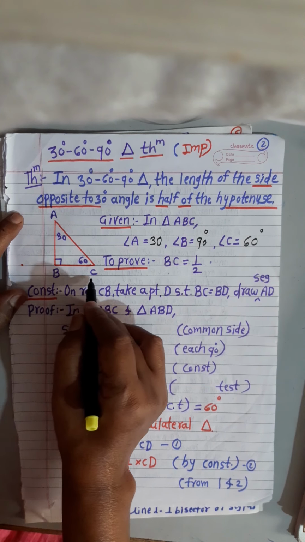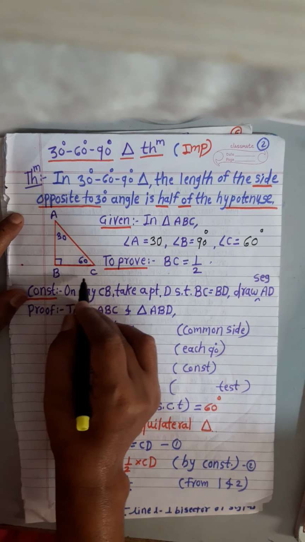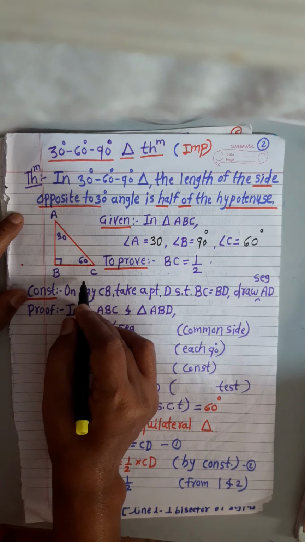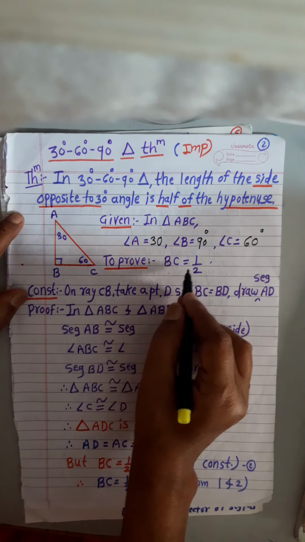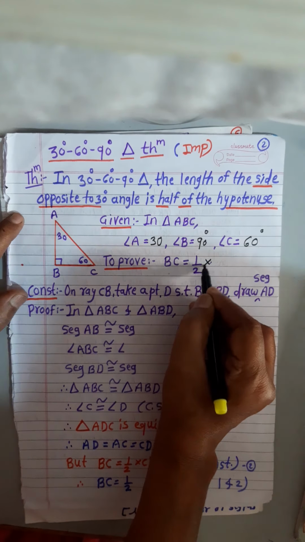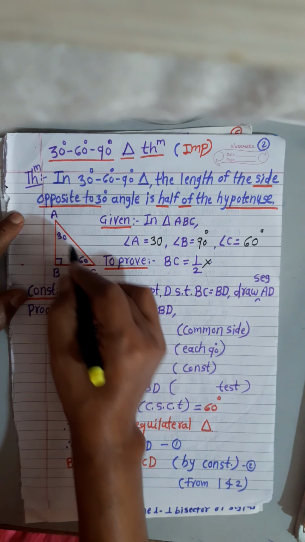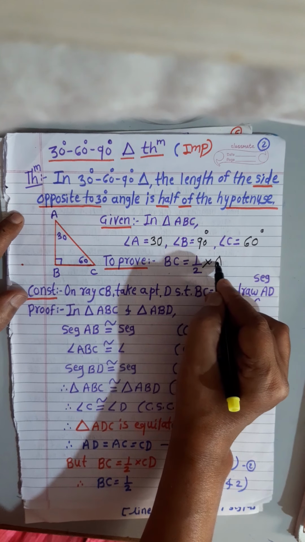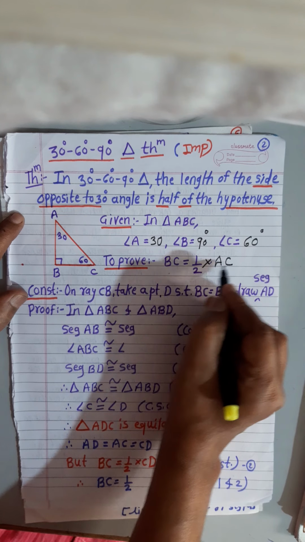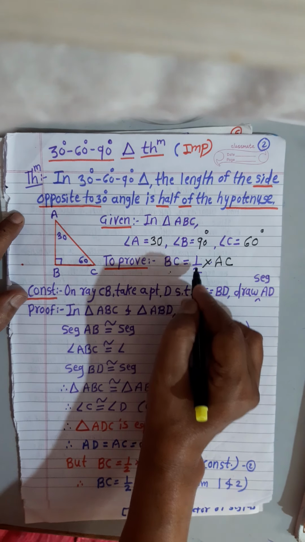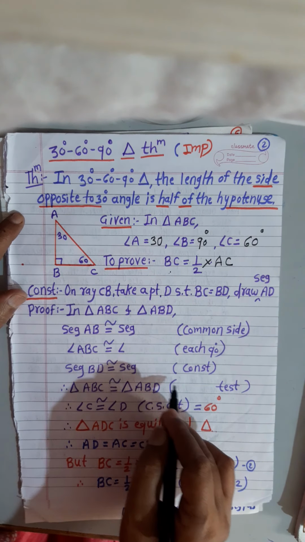BC. The length opposite to the 30 degree angle is half of the hypotenuse. And what is the hypotenuse? AC. That means we have to prove that BC equals half AC.